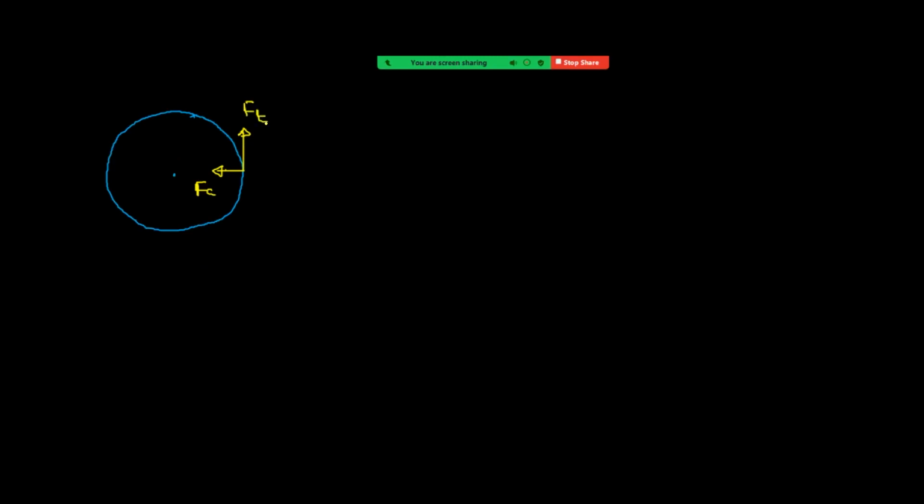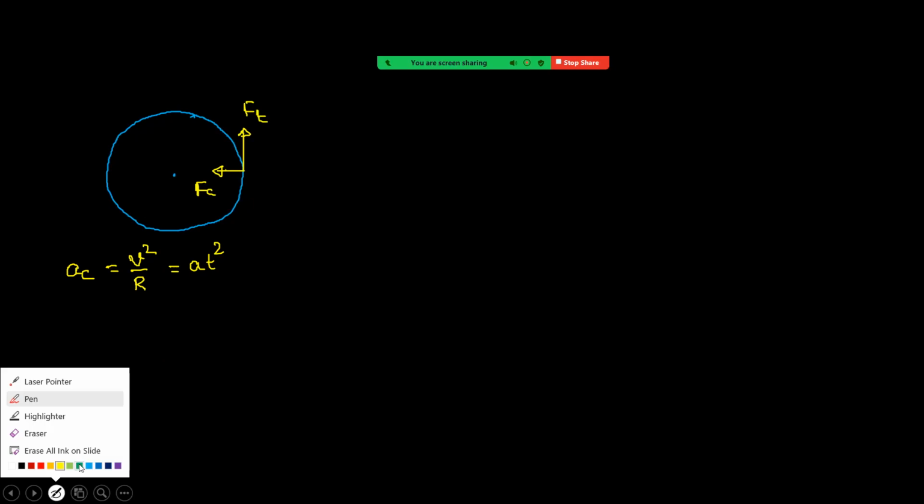And see the condition given: normal acceleration, or you can say centripetal acceleration, is equal to v square by r, which we know, and that is given as at square.